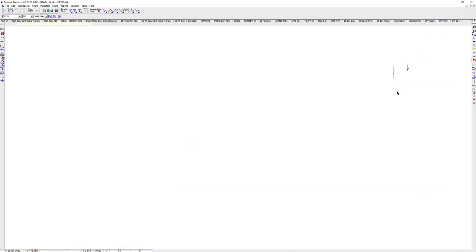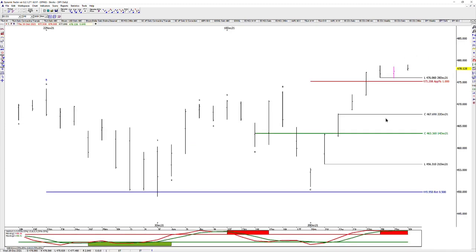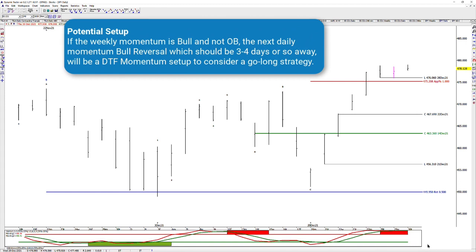So what would be the trade strategy? Well, I'm going to be looking next week for the next cycle and reversal, a bull reversal, in the daily momentum to potentially position long again, because the weekly momentum is not overbought. So we'll just have to see what the pattern position, etc., is in the days ahead, but it potentially still has some upside to go.